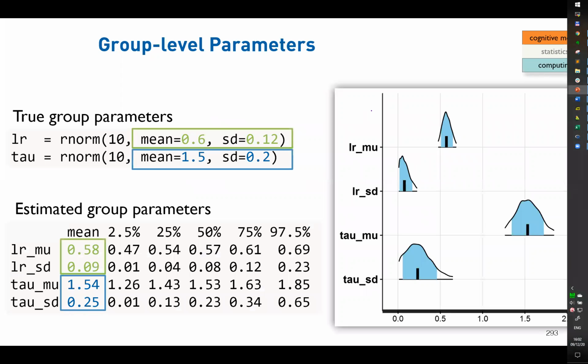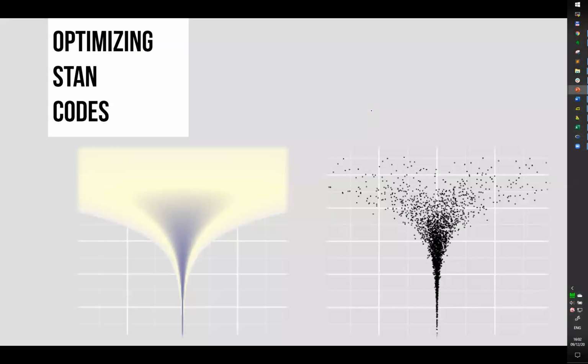We want to do this optimization and get rid of the truncation, which causes a lot of problems. But before that, any more questions, comments? Everything's okay?